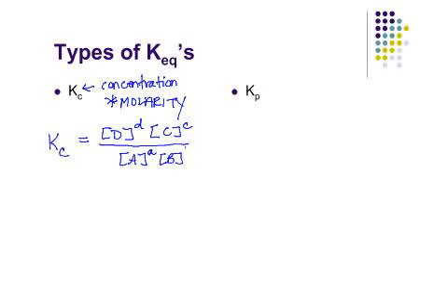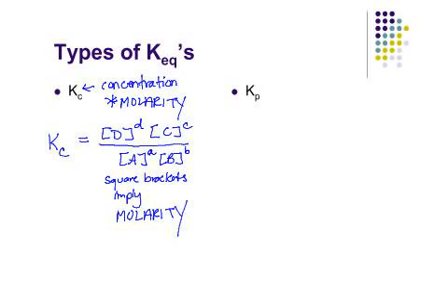But I'm writing square brackets here because the square brackets tell us what? Concentration. Not just concentration. What kind of concentration unit? Well, square brackets imply what concentration unit? Molarity. So if you're based on molarity, you're going to use square brackets, and you can call it Kc if you don't want to call it just plain old KEQ.